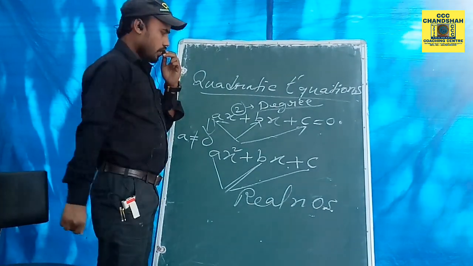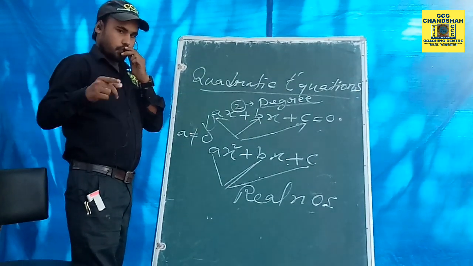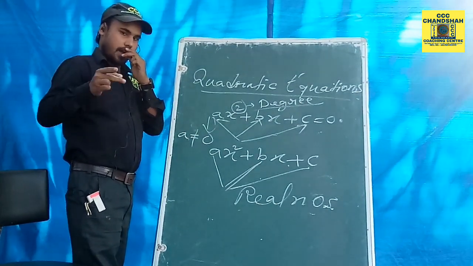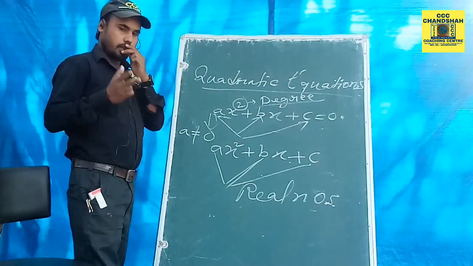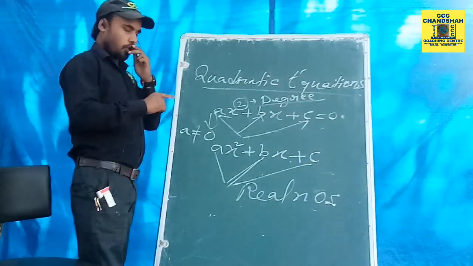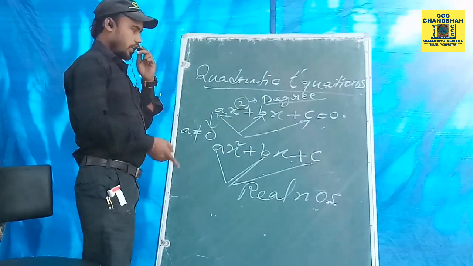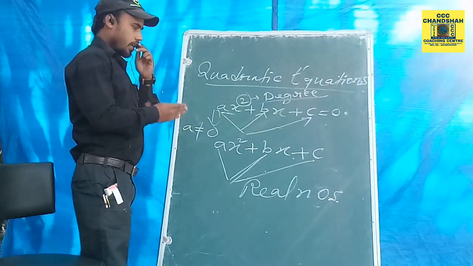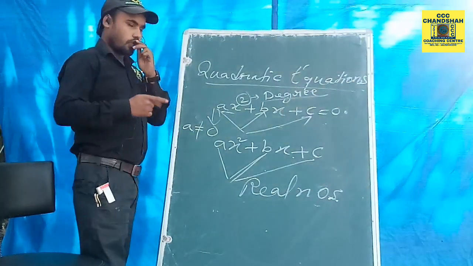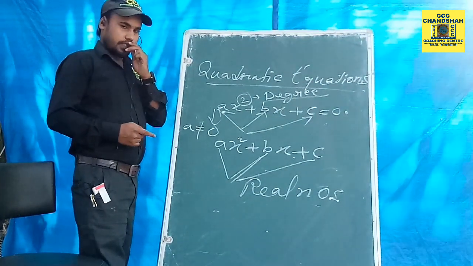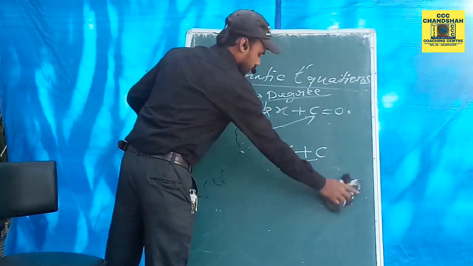If 2 is the highest power in that particular polynomial, then this 2 is called the degree. And if the polynomial carries degree 2, then it's called a quadratic equation. Okay, is that clear? Let us go through the exercise, please.